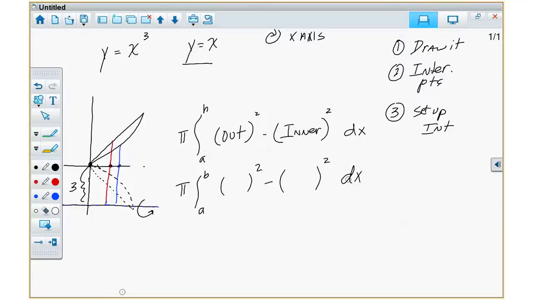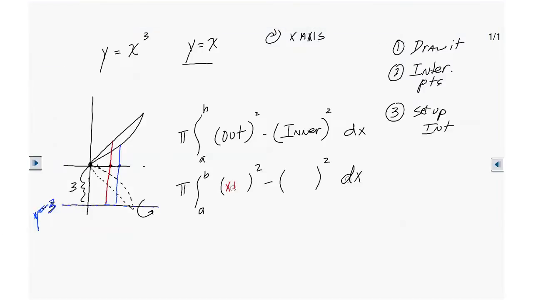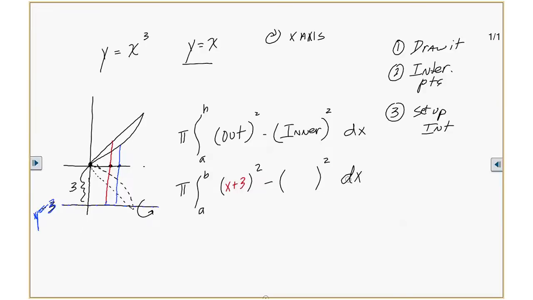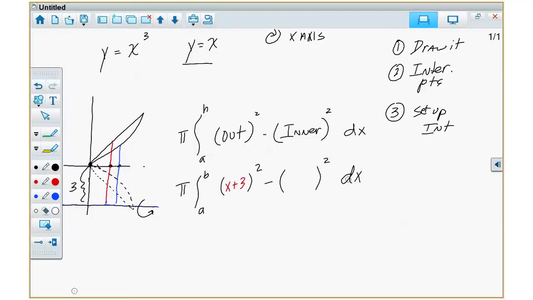Plus 3. So whatever it was in the first problem, x plus 3 or 3 plus x, it doesn't matter because addition is commutative. And the second one is going to be x cubed plus what? x cubed plus 3.